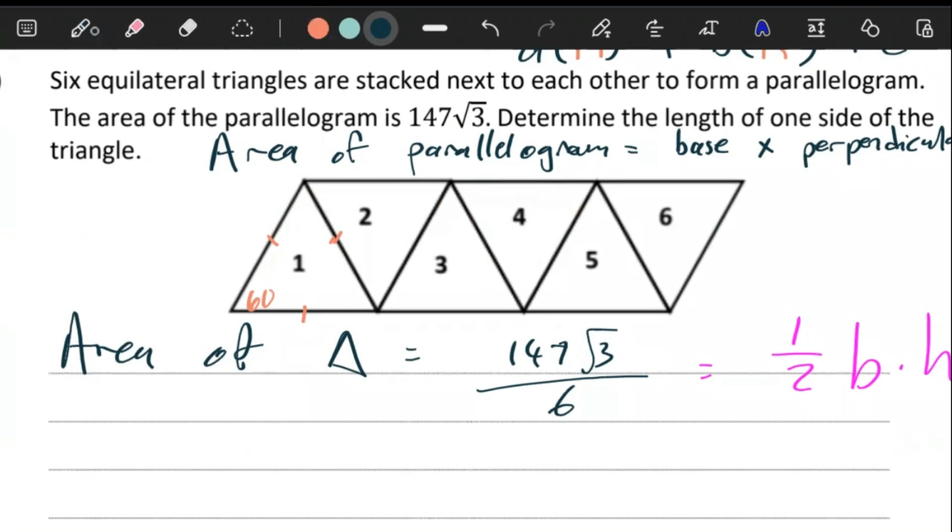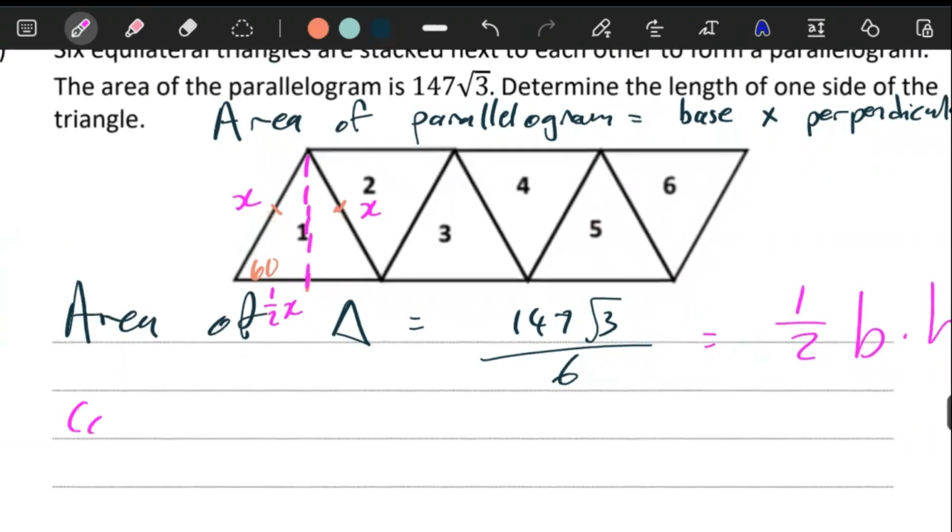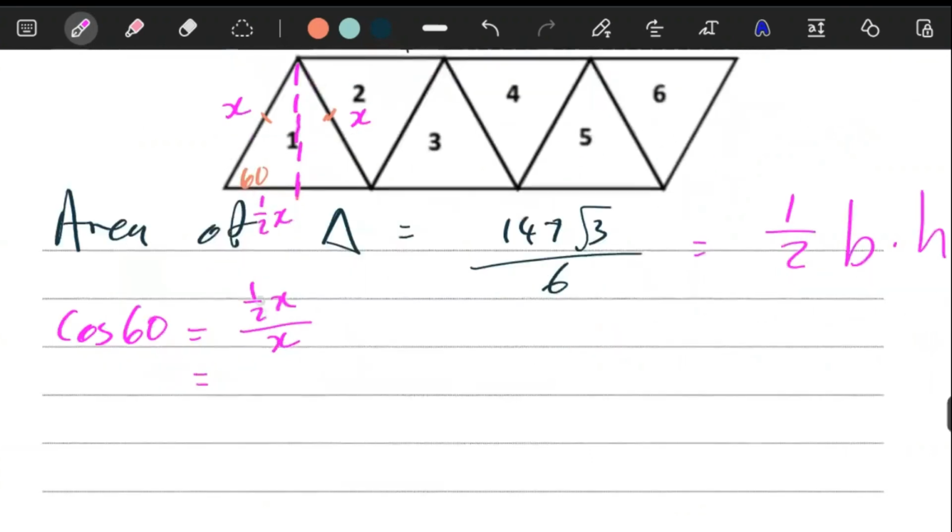It looks as though incorporating the x's is going to be helpful, because at least here you now know that going downwards, this is just going to be half of x. You can easily solve for x because you can say adjacent over hypotenuse. That's cos. So you can say cos 60 is equal to adjacent over hypotenuse. And then you can see here the x's cancel each other out.